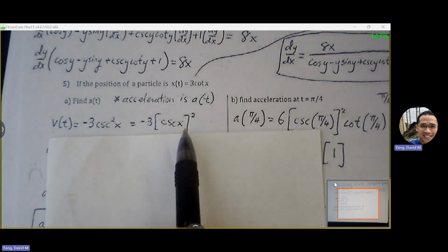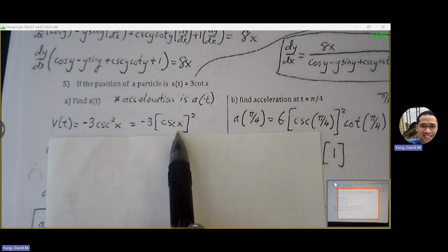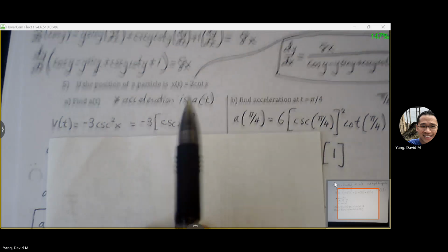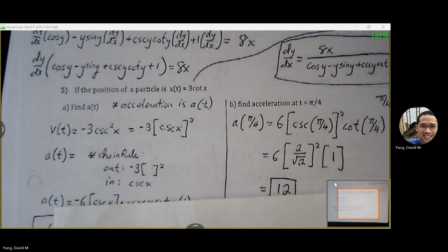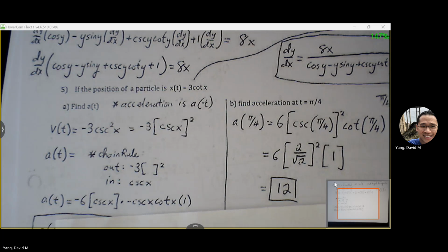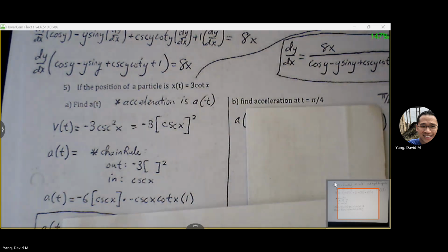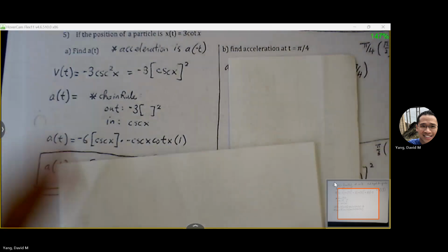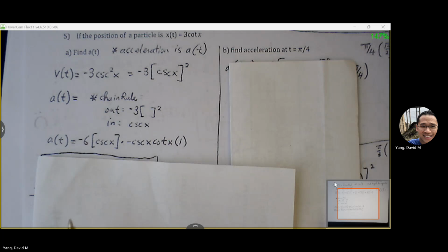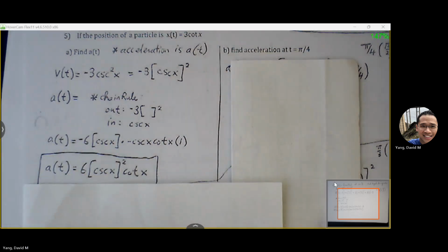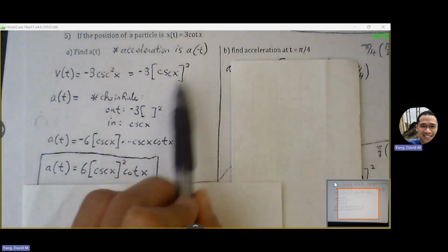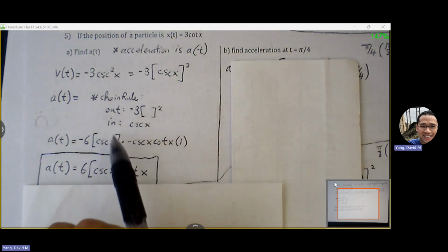To get from velocity to acceleration, we have to go through chain rule, outside, inside. Negative 3 bracket squared becomes negative 6 bracket to the first power.